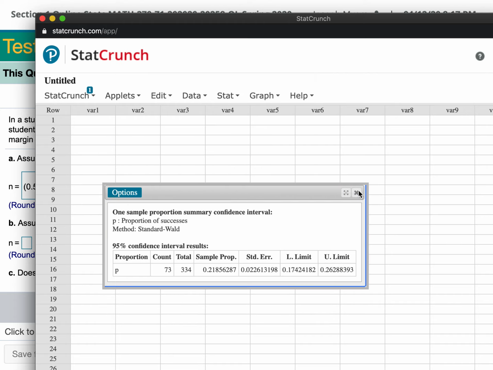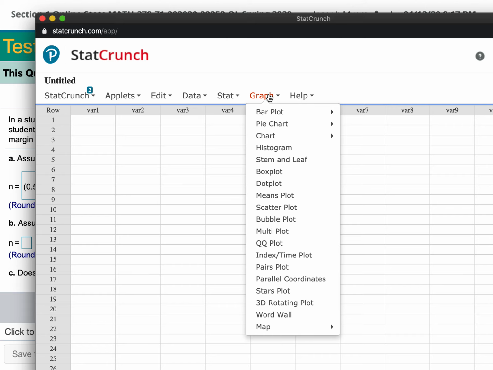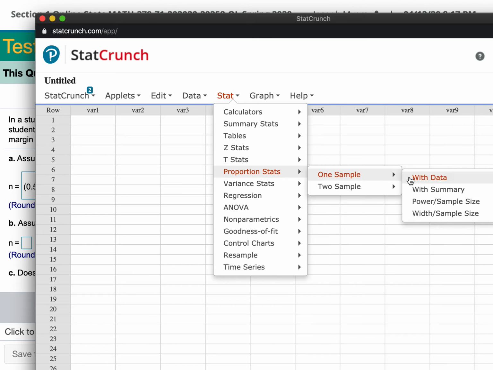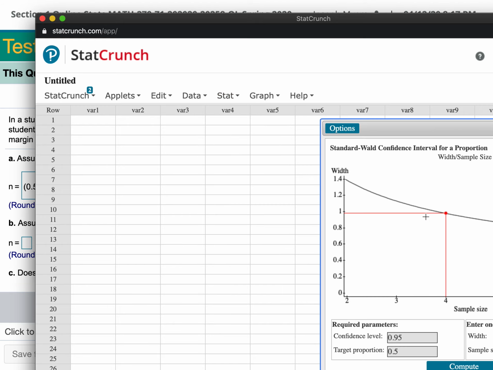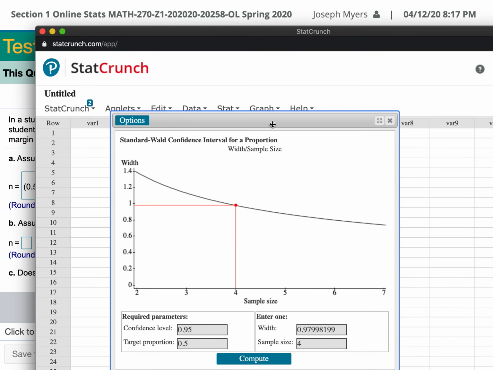So you just close that, and then you go to stats, proportion stats, one sample, width and sample size, and then now you go look back at the problem. You want to have a 99% confidence level, so change that to 0.99.